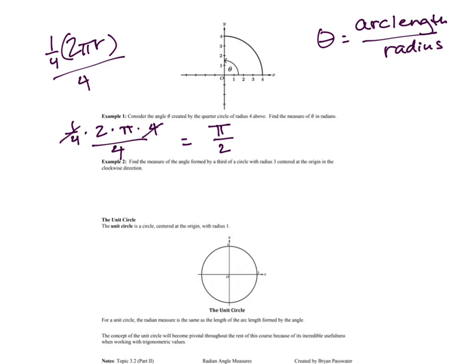So I've got arc length, which is 2 pi times the radius, all divided by the radius. My radius is going to cancel. Your radius is 4 if you look at the graph. Right. Pi over 2 is going to be theta. Notice that it landed at the top. That's what we call pi over 2.